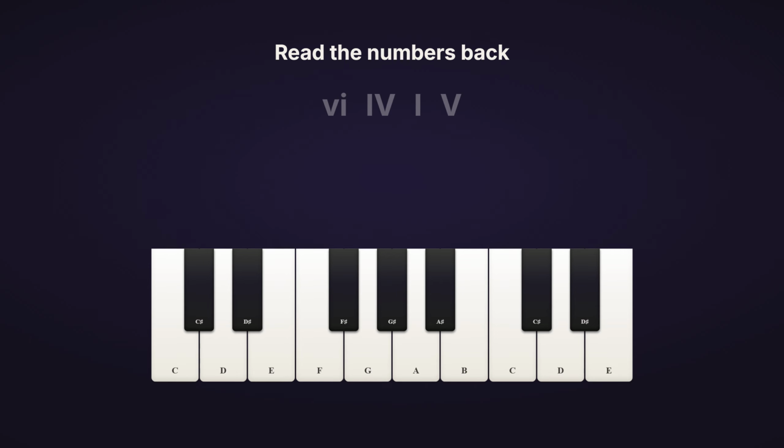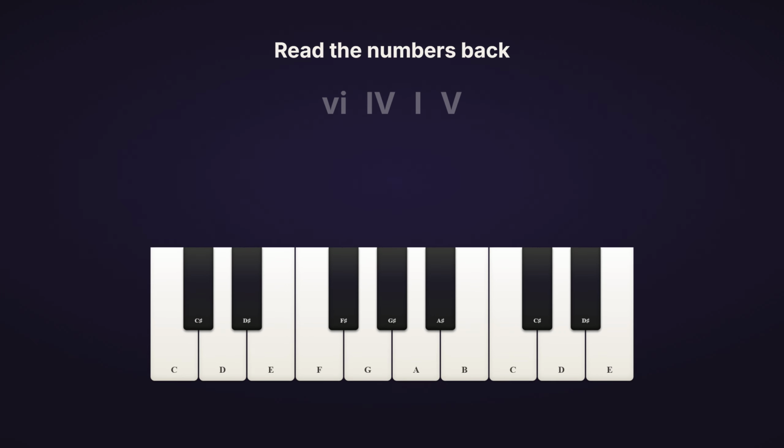Let's run it the other way, because reading numerals back into chords is the skill you'll use most. Here is a progression handed to you cold, in the key of C, 6, 4, 1, 5.